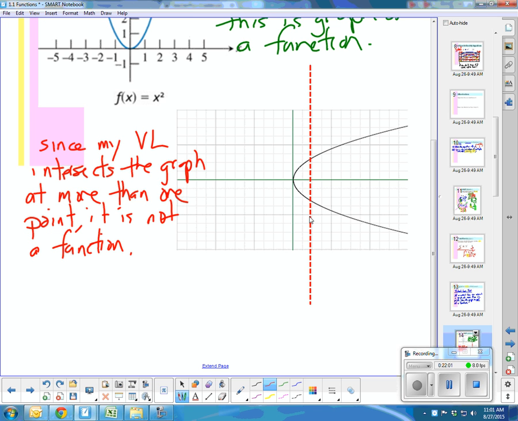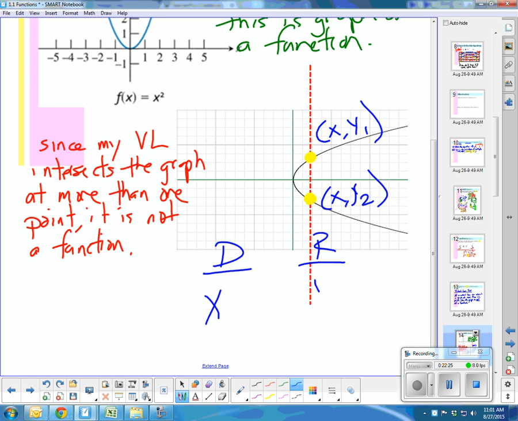We could just stop there, but pre-calculus asks the question why a lot. So let's take a look at those 2 points of intersection. Those 2 points are going to have the same x coordinate, but different y coordinates. If I looked at it as a mapping diagram, domain and range, I have one x being paired up with two different y's.